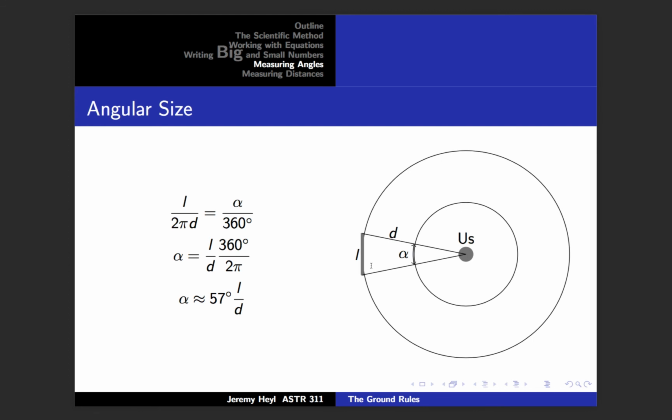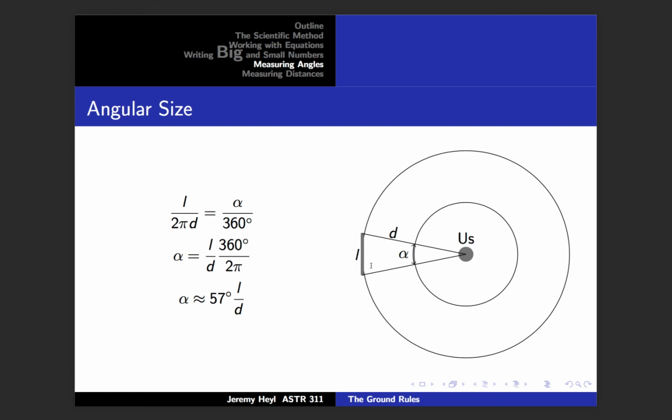On the other hand, the little angle, any angle we have, is some fraction of a circle, and that fraction is the angle divided by 360 degrees. That makes sense? So again, we have an equation, and we came up with this equation by drawing these two circles.